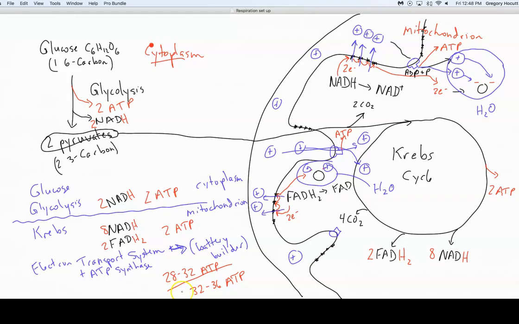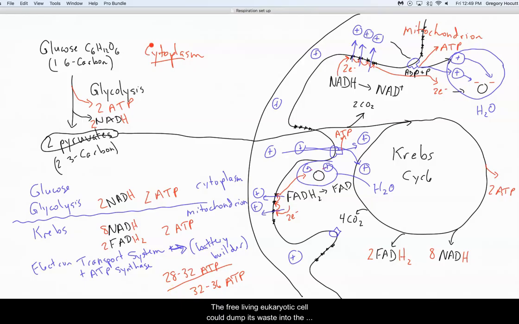Now, this is an extremely important reaction, and it speaks to the importance of this symbiotic relationship that must have happened long, long ago between the early eukaryotic cells and this free-living bacterium that could take the waste products from the free-living eukaryotic cell and convert them to energy.